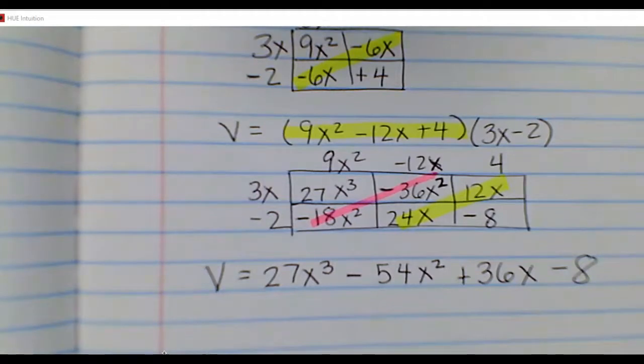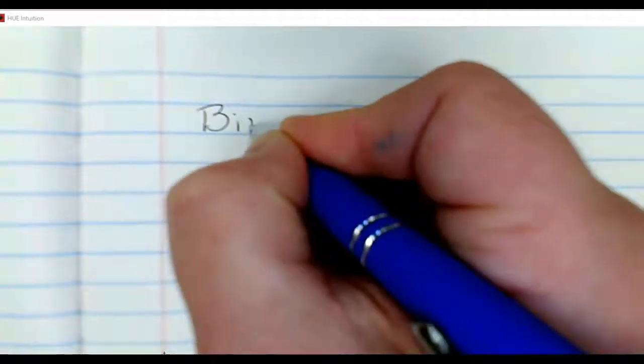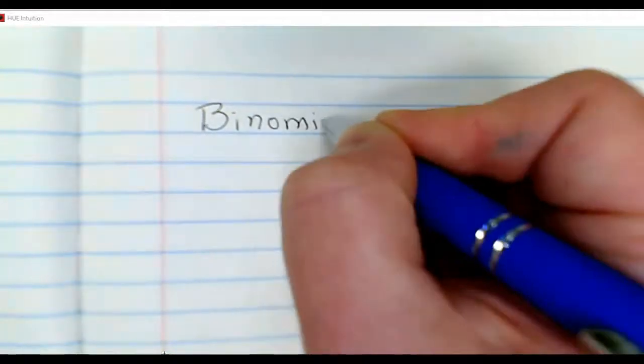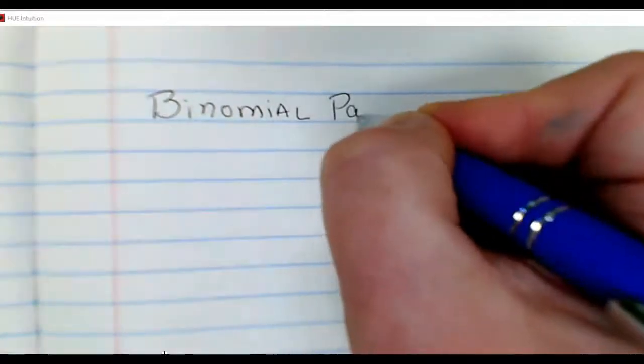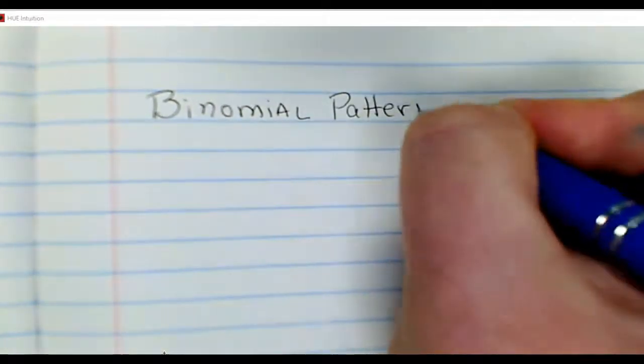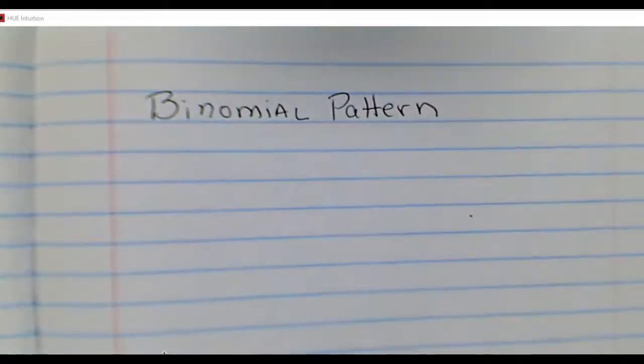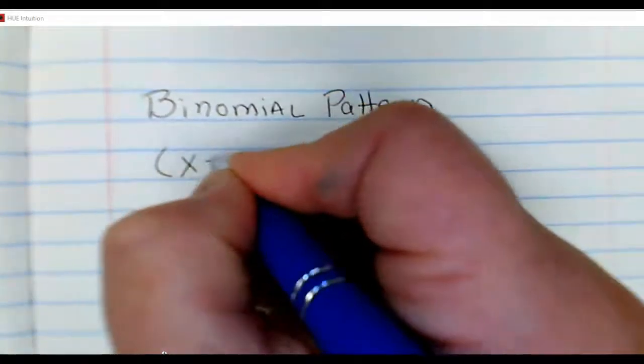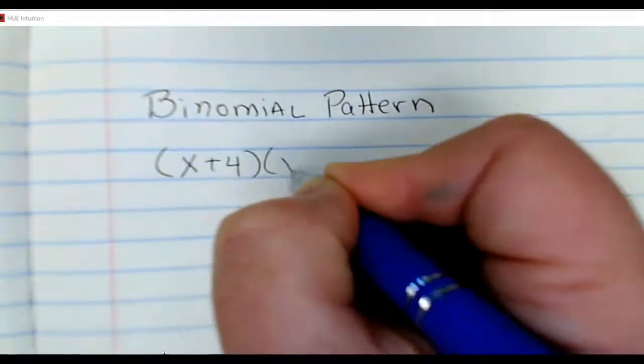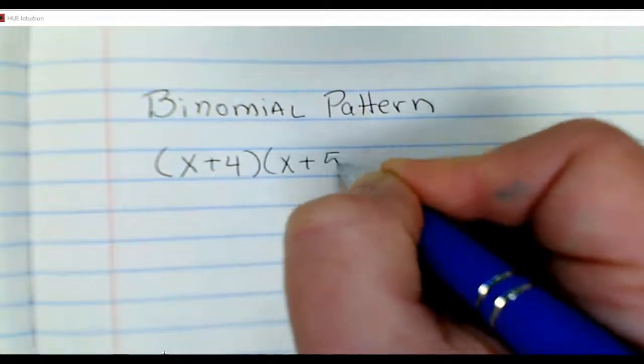Now, before we end our notes for today, I want to go back and ask you, did you see from the first 4 examples, I know 4 examples isn't a lot. I didn't think you'd want to sit there for me to do 50 examples. But did you see the binomial pattern?